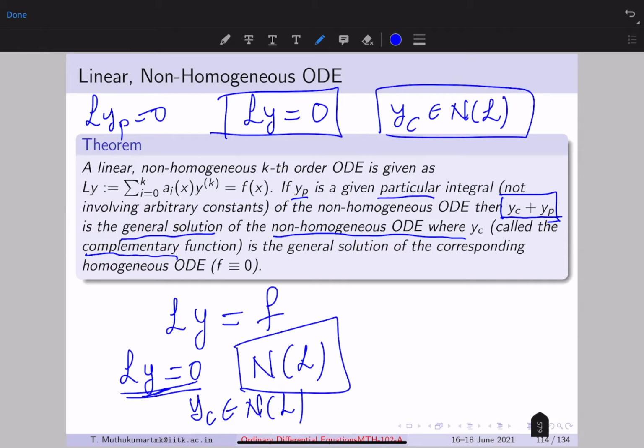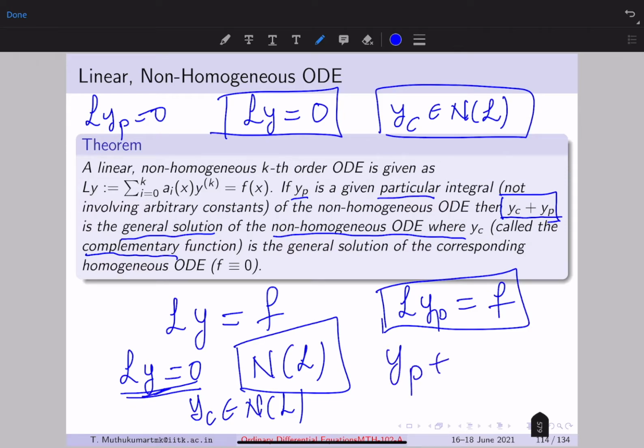Then you find at least one solution of the non-homogeneous equation. Once you find one solution, you can find all solutions by doing yp plus yc, where yc is from the null space. That's what this theorem is telling you. When we see examples, you will understand better.